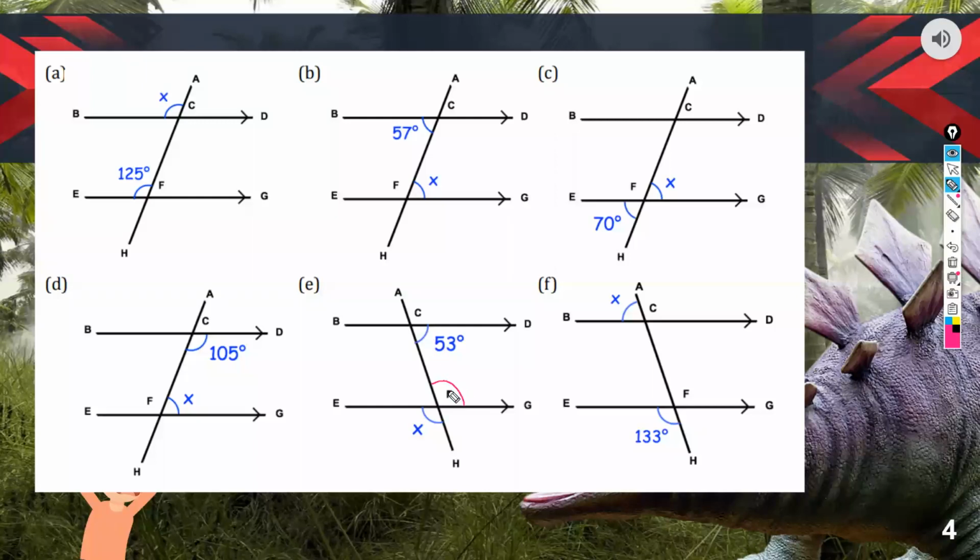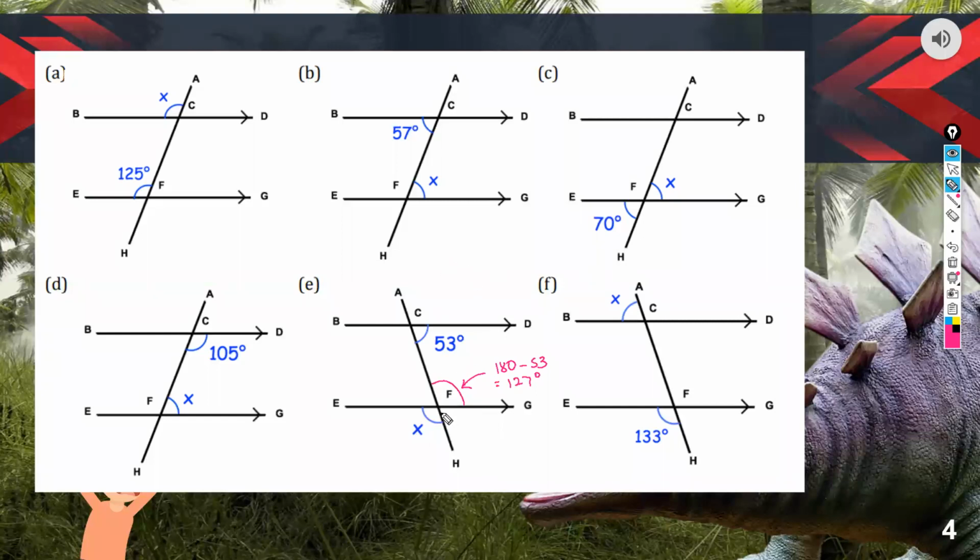So remember, interior angles add up to how much? 180. So if here's 53, how do we get this angle? We minus the 53, and that gives us 127 degrees. So this pink angle by interior angle theory is 127.